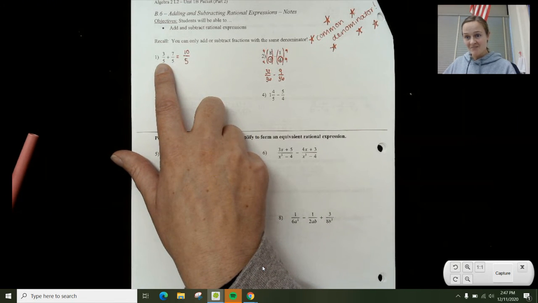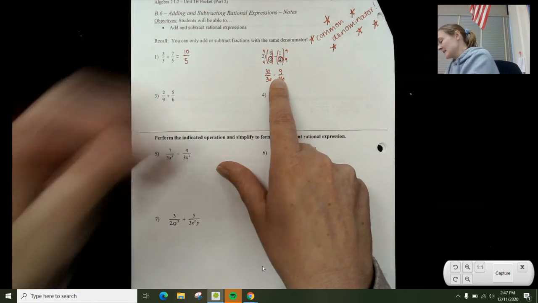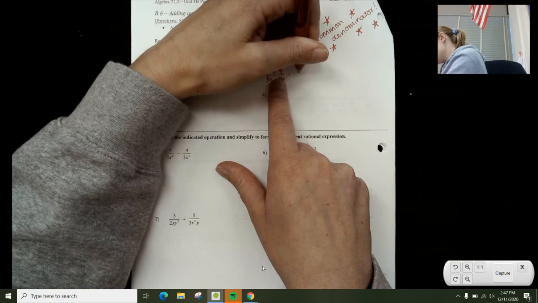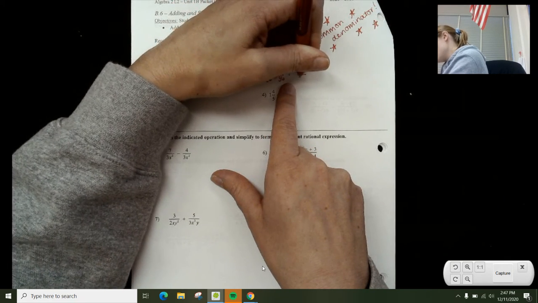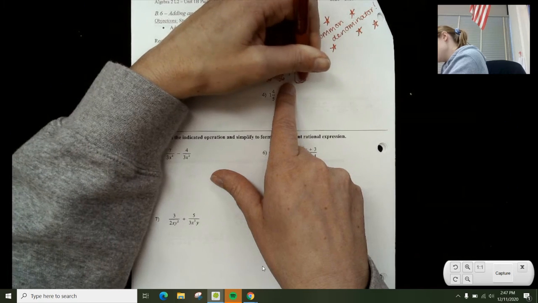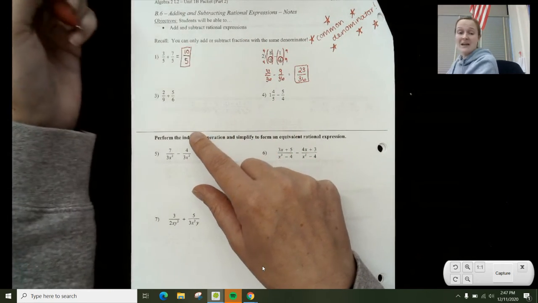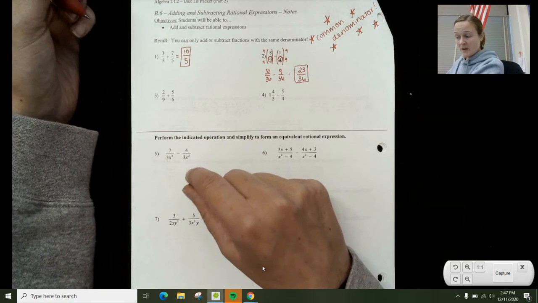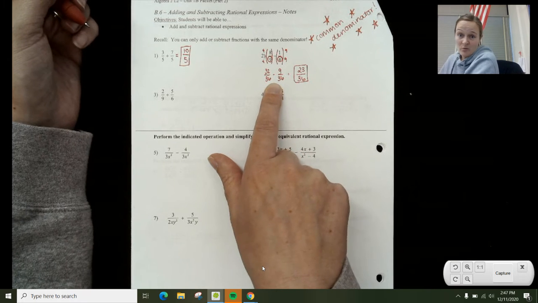In subtraction, I'm going to subtract the numerators. So 32 minus 9 is equal to 23. And then I keep that denominator at 36. So the real only difference between addition and subtraction is the fact that in addition, you're adding the numerators, in subtraction, you're subtracting the numerators.